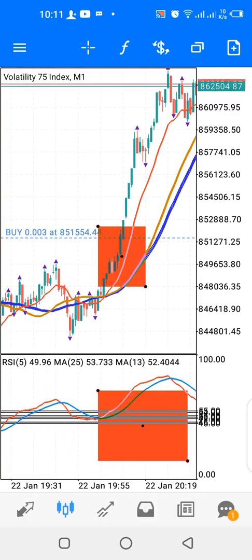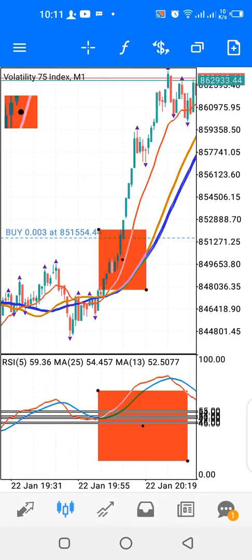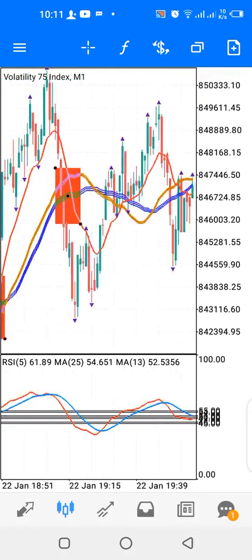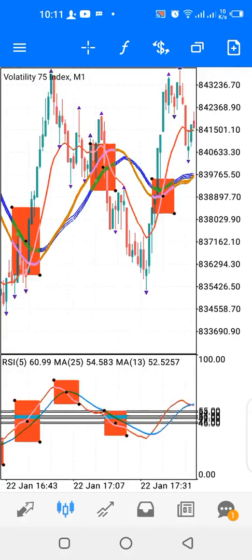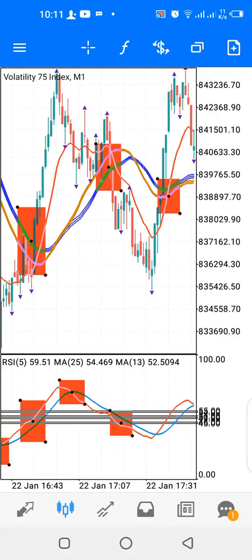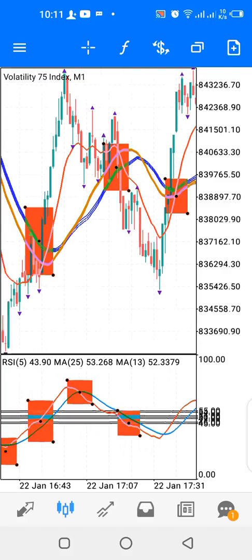It's a good strategy. Make sure you try it out on demo first. If you get the grip, you can move to a live account.